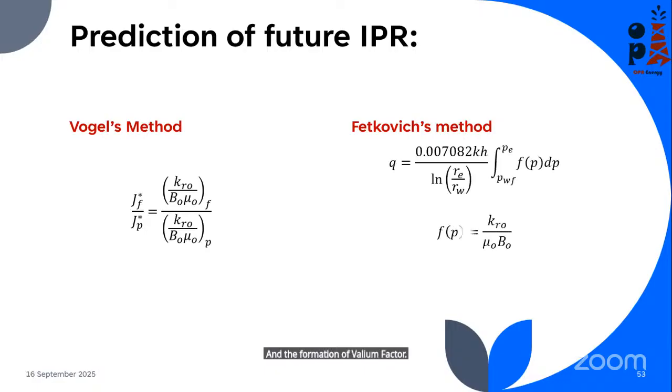The Fetkovich method is similar, but it only takes the ratio between the present reservoir pressure and the future reservoir pressure.